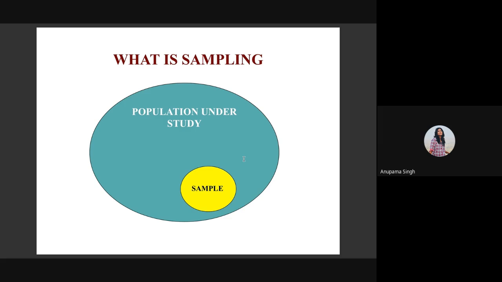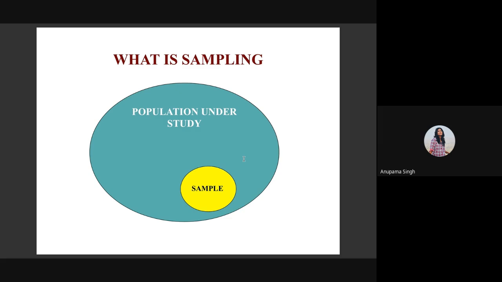In another case, if we want to study, for example, the number of cancer patients or the recovery of cancer patients in different stages of cancer, then our population will become different, right? Then our population will be the number of individuals who are suffering from cancer at that particular time.